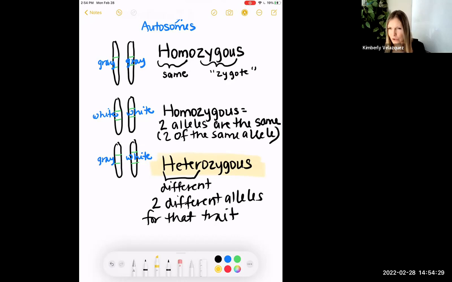In this pretend version of fur color, if a rabbit has one gray fur allele and one white, in other words, they're heterozygous for fur color, and if that individual ends up being gray fur, what that tells us is gray is considered to be dominant.